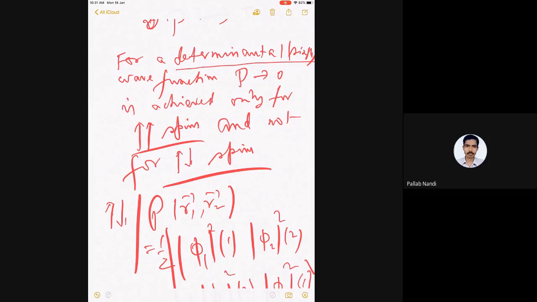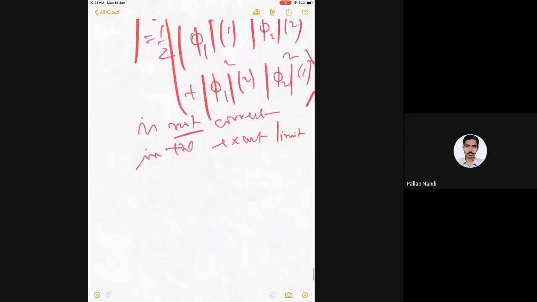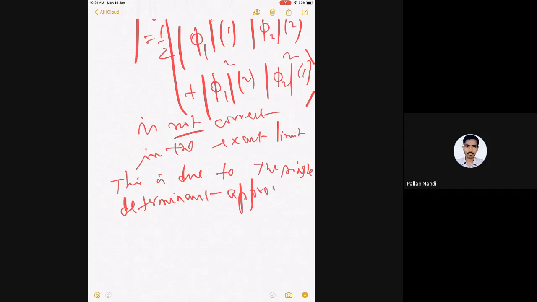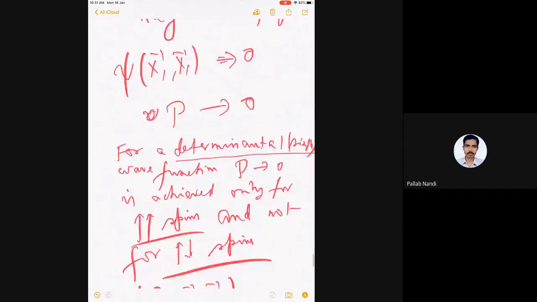So obviously, the fact that this happens for only a single determinant is something that you should not forget. I have written for a single determinantal case, it is not achieved. So obviously, the fact that this is not correct is due to the determinant or single determinant approximation. So obviously, there's an approximation. I told you that for an interacting Hamiltonian, why is it happening?